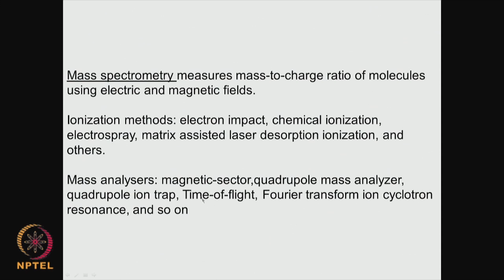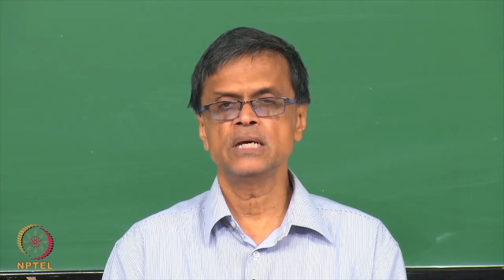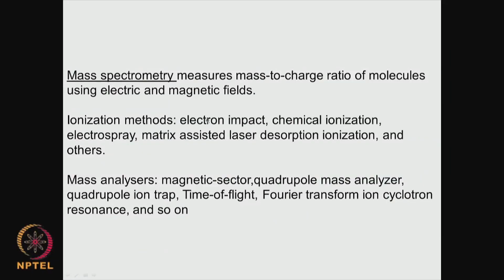Time of flight is widely used, sometimes ion trap is also used; those are mass analyzers. Molecules are initially separated using liquid chromatography or HPLC, high pressure liquid chromatography, then they are ionized and then they are focused onto an analyzer.